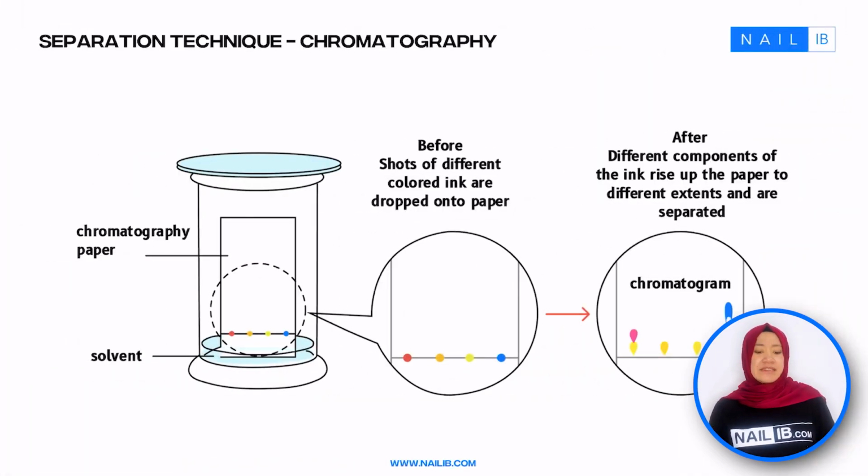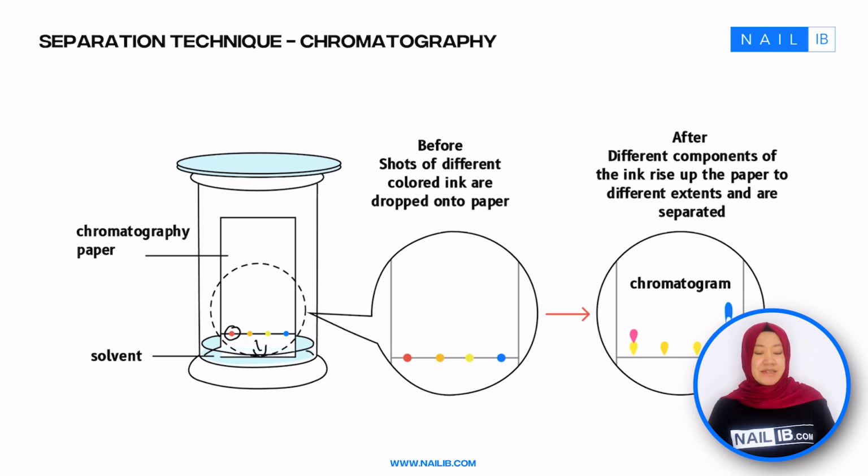Chromatography is a separation technique that is used to analyze and identify components or compounds in a mixture. So you just need to put a small amount of the mixture here on the baseline. Then on the piece of paper, it's paper chromatography.